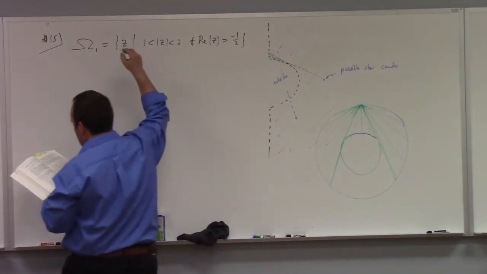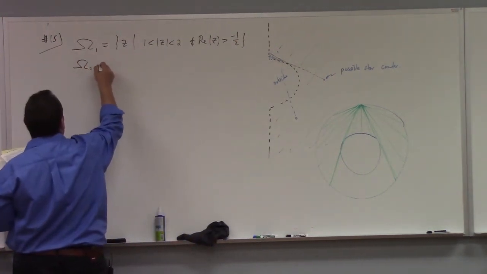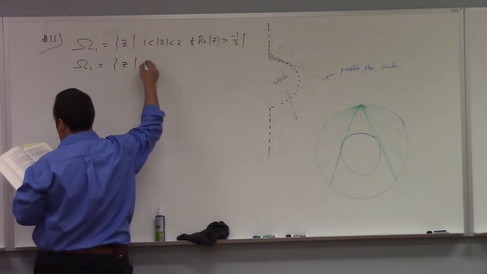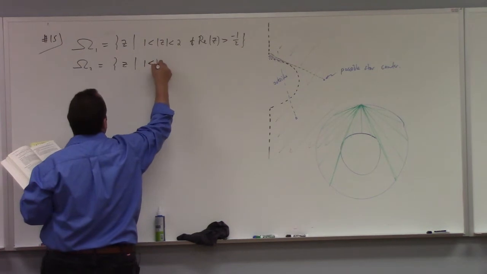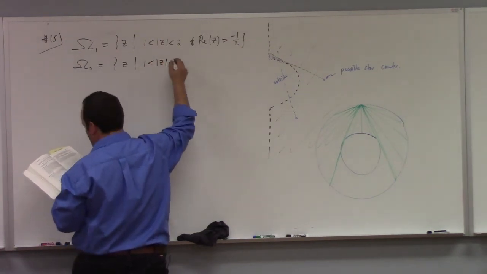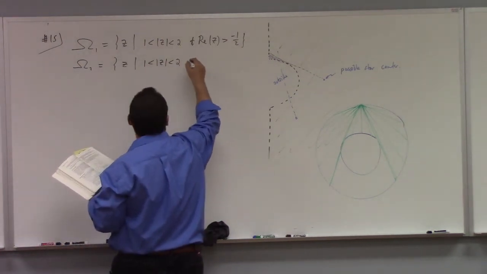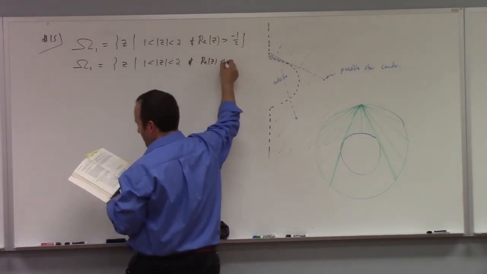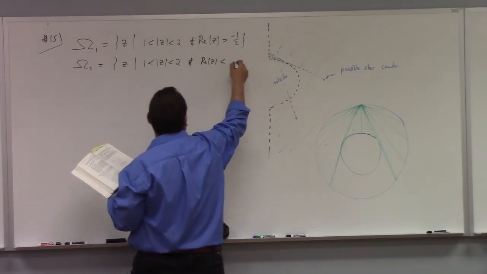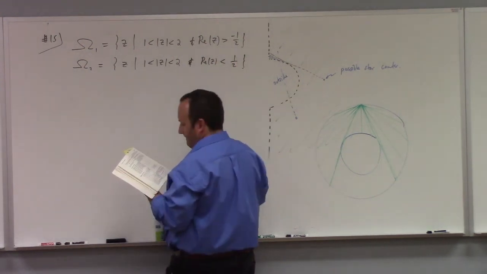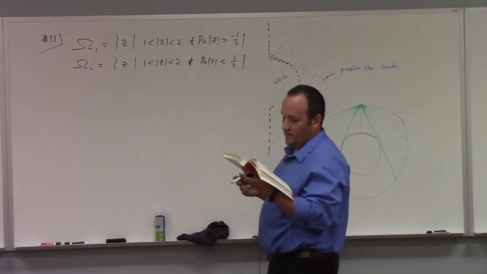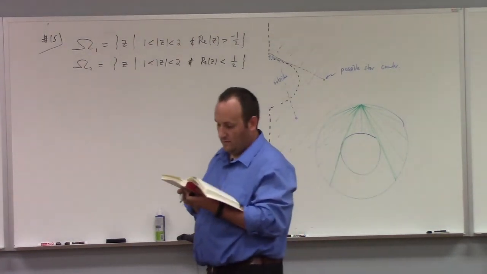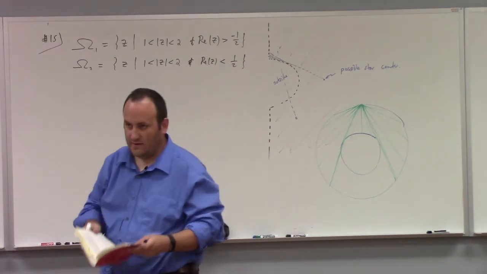And then we've got ourselves an omega 2, which is z such that 1 less than modulus of z less than 2, and the real part of z is less than 1/2. We're asked to show that both omega 1 and omega 2 are domains, but omega 1 intersect omega 2 is not.